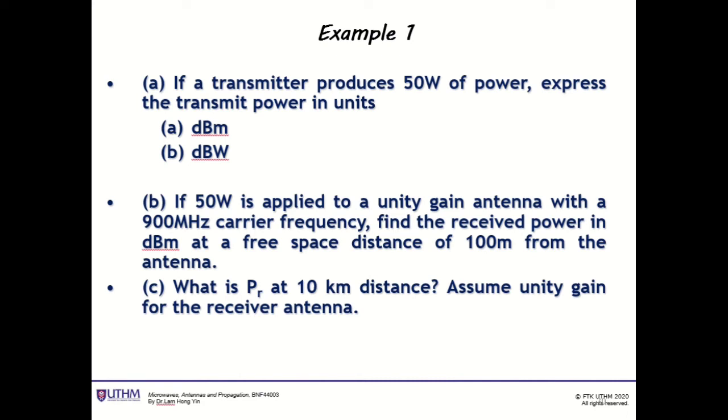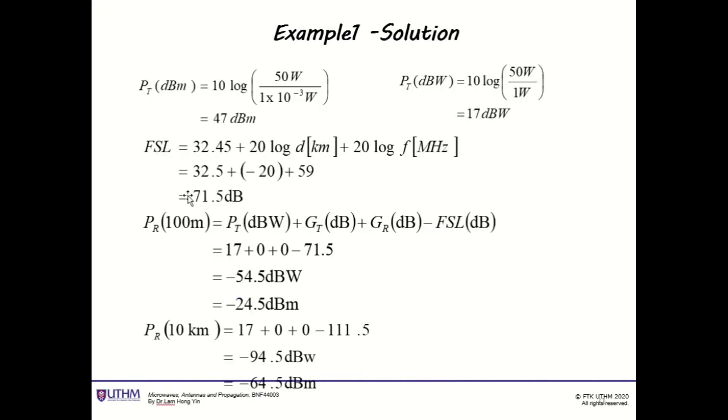Okay, so we use the equation 32.45 plus 20 log d plus 20 log f. So insert the values in. The distance is 0.1 kilometer, the frequency is 900 megahertz. So you just insert the values and you get the free space loss at 71.5 dB.